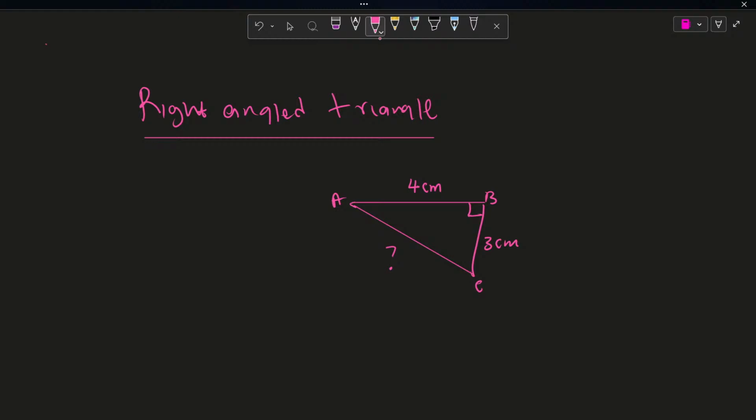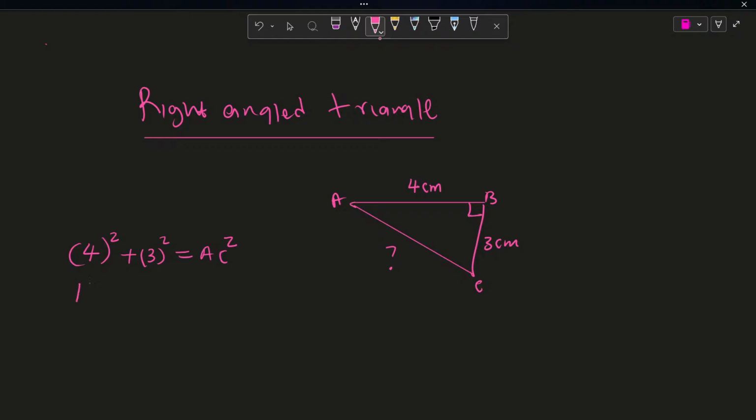Now just do the right thing. How do you find this? Remember, this is the longest side. So you start by saying 4 squared plus 3 squared is equal to AC squared. We replace those sides and then it becomes easy for us.